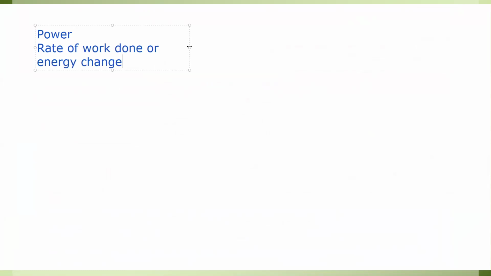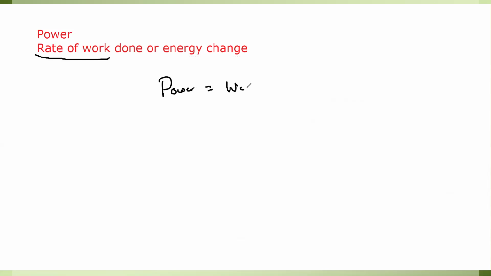The rate at which energy is transferred, or the rate of doing work, that is called power. Whenever in physics we use the term rate, it refers to time. Anything which is related to time, rate of work done. So it means the power is equal to work divided by time.